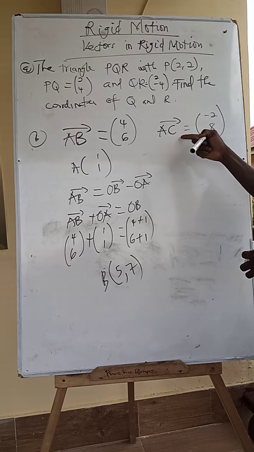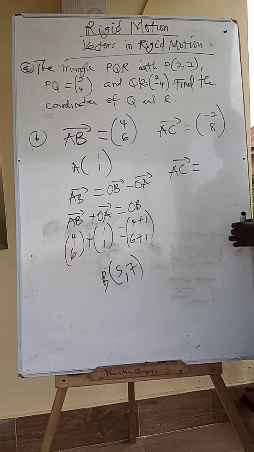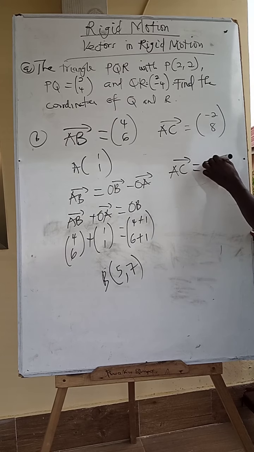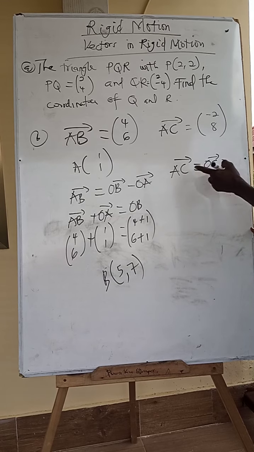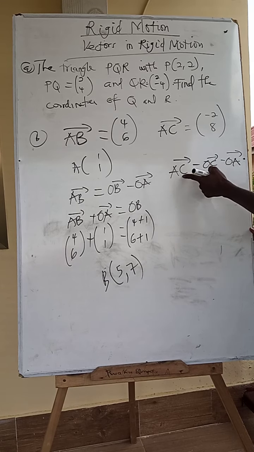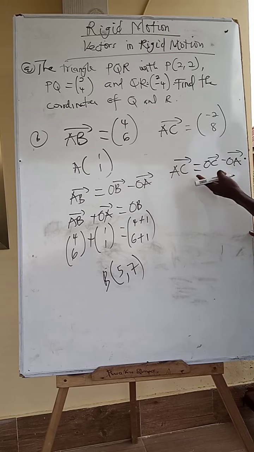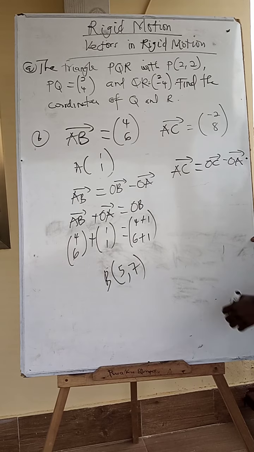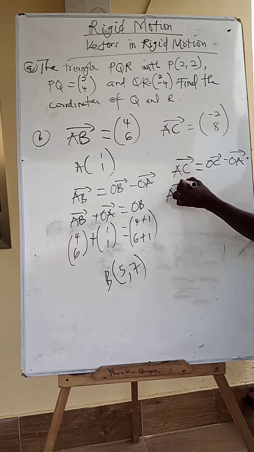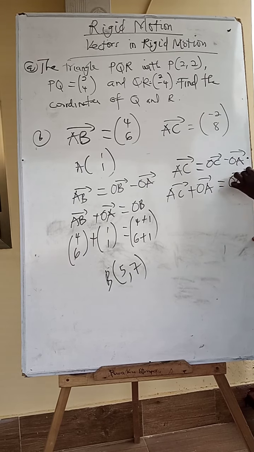Alright, let's find the coordinate of C. AC equals OC minus OA. That is C minus A. So we want to find C, because we know A from the previous one given. So our AC plus OA equals OC.